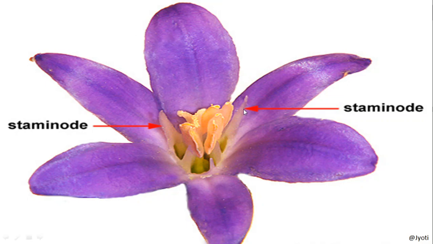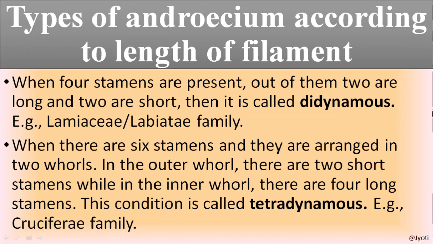They do not have the anther, only the filament is present. So they are sterile. They cannot produce the male gamete even though they are present in the flower. Such stamens are called staminodes. Then types of androecium according to the length of the filament.